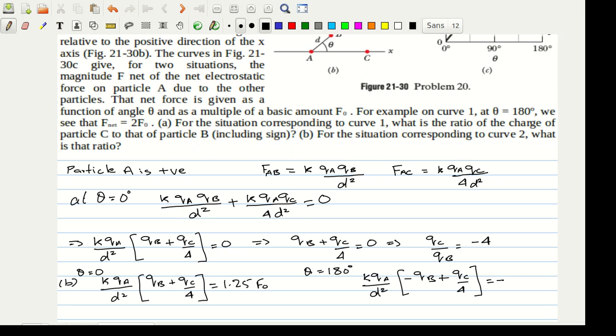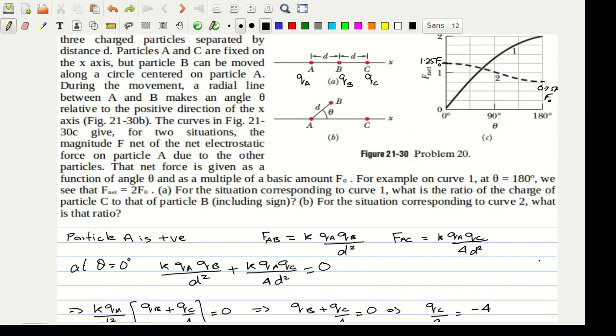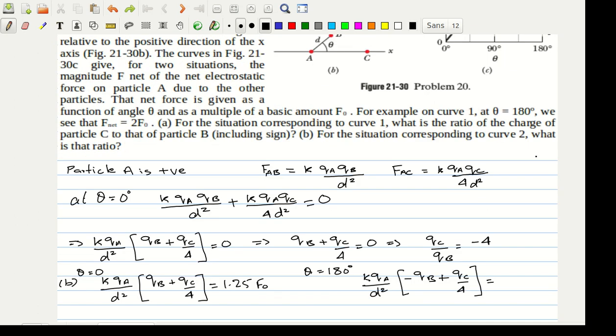This value is actually equal to 0.75 f naught. So from these two equations we can again solve what is qc is to qb. So let us move to the next page to solve this one.